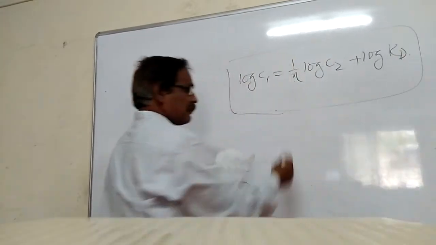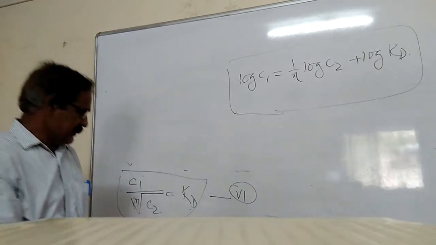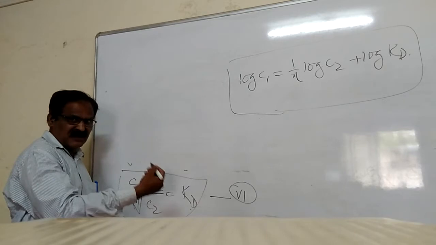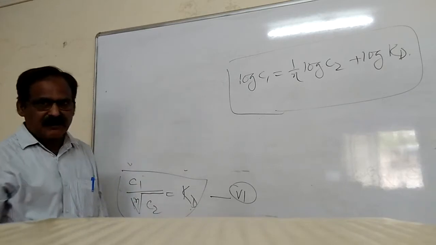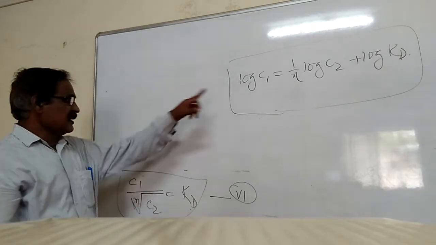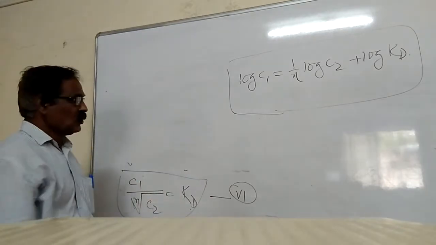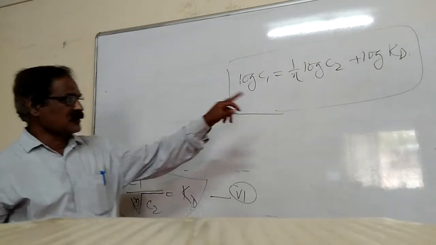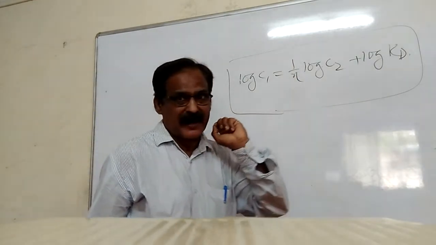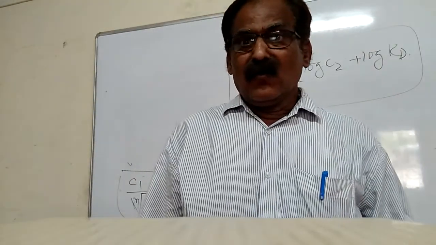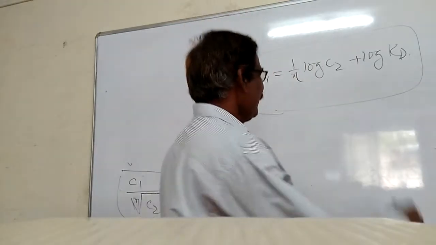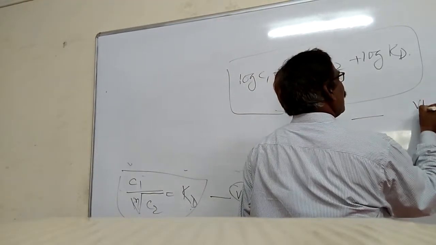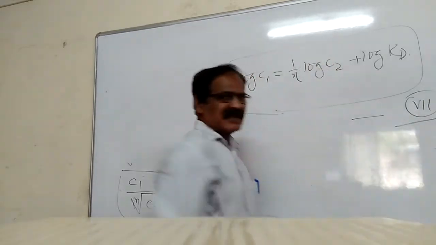In other words, when we take the logarithm on both sides of equation number 6, we get log C1 is equal to 1 upon n into log C2 plus log KD. Let us suppose this is expression number 7.